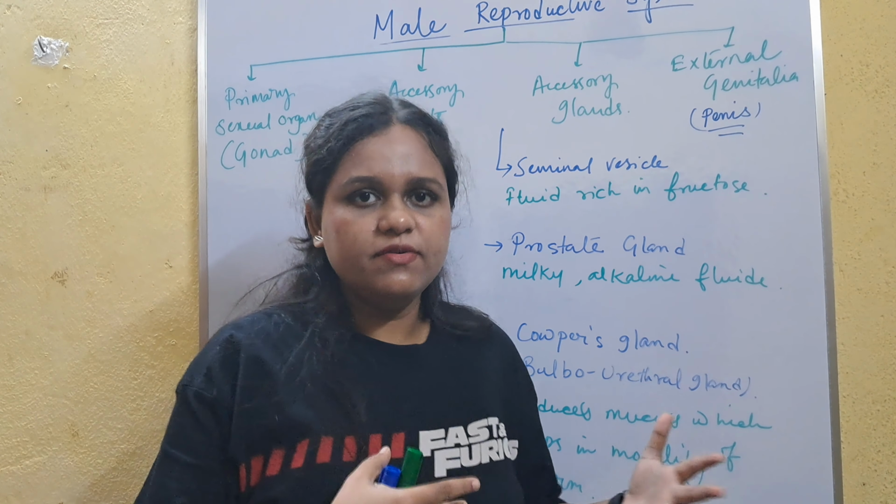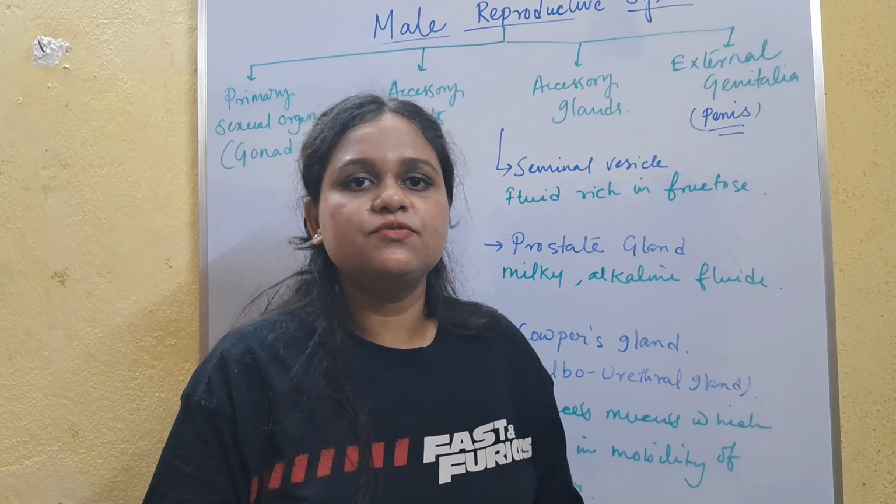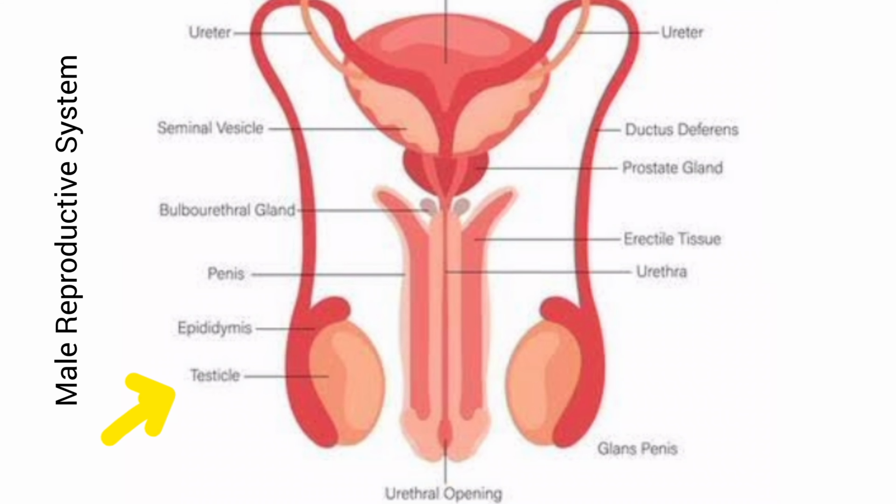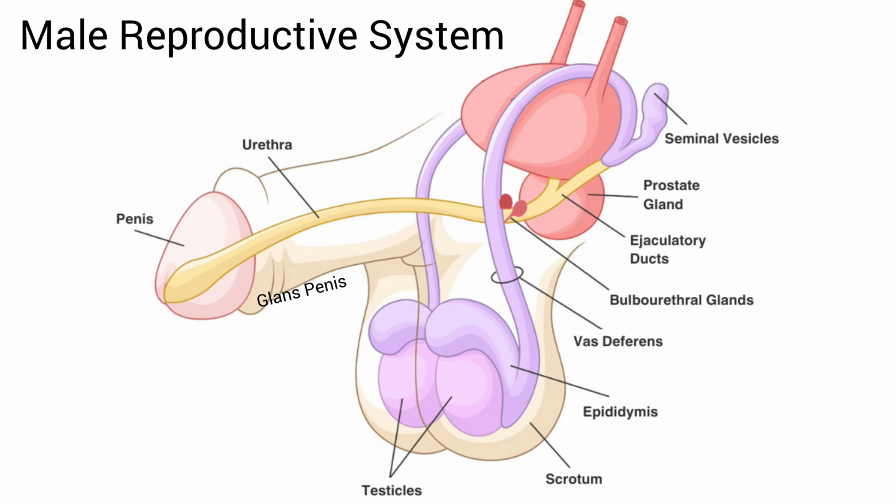Now, we will see a diagram in which we can also understand this structure. In this diagram, we can clearly see the gonad testis, which is paired and situated in the scrotum. The accessory tubules or accessory ducts are epididymis, vas deferens, ejaculatory duct and urethra.